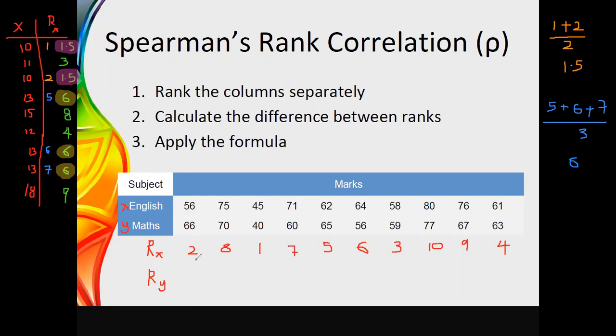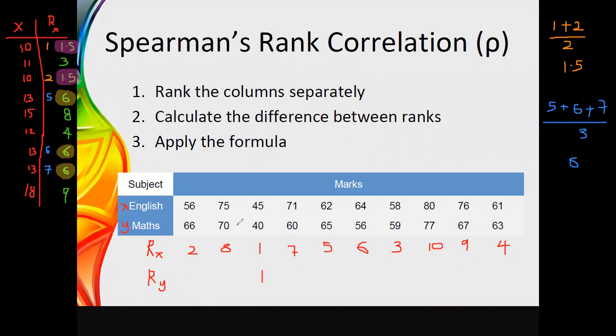And then I have taken the ranking of Y also, the ranking of the mathematics marks. Here I need to rank these values. You can see that 40 is the minimum value.